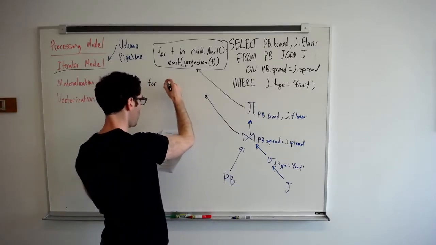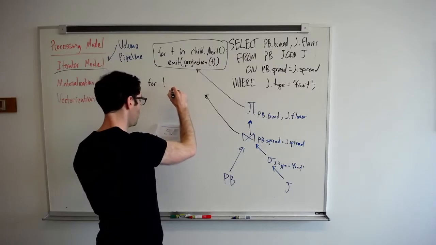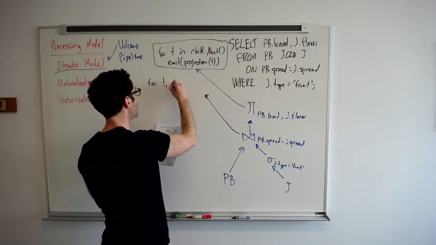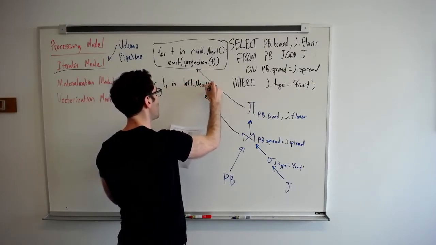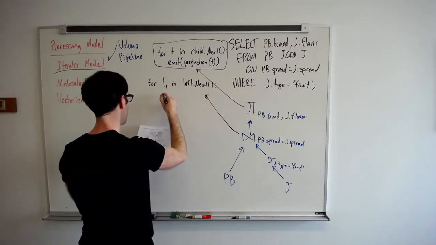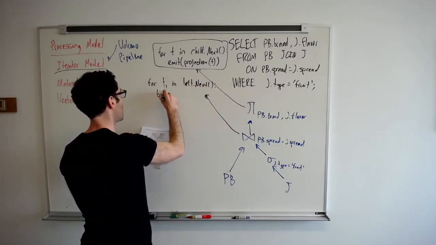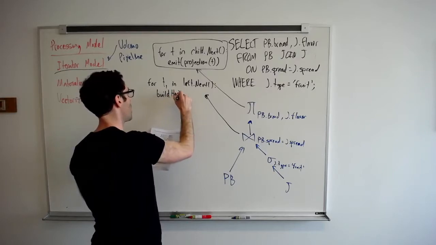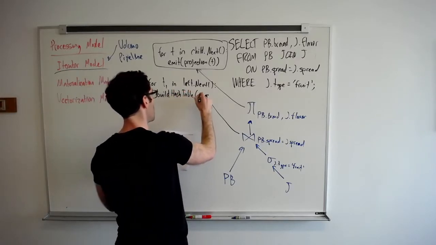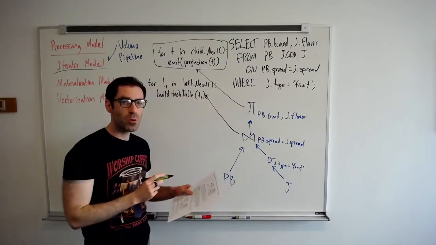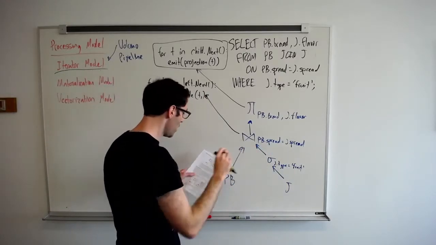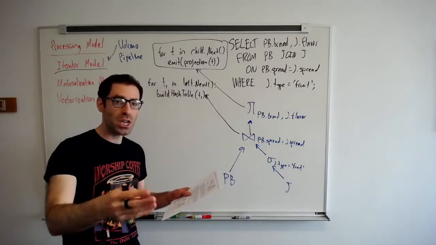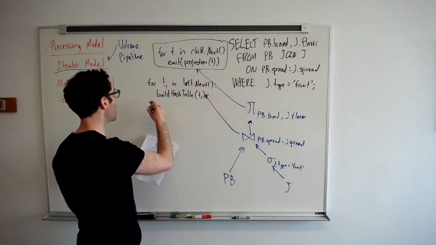So for tuple T1 in the left child returned by next, we will put it into our hash table, and then after we've built this hash table, we go through the tuples in the inner relation and probe the hash table to find the tuples that match for our join.